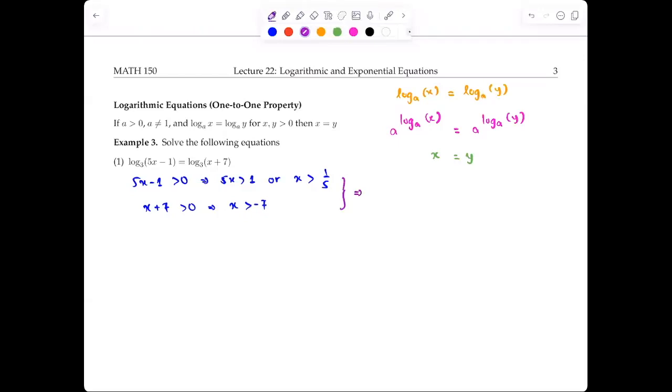One domain is x greater than 1/5, so you get rid of this part. The other is x greater than -7, so you get rid of this part.